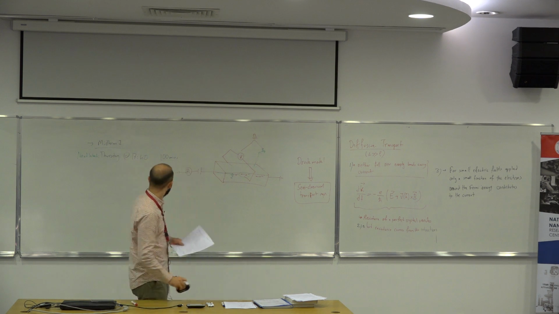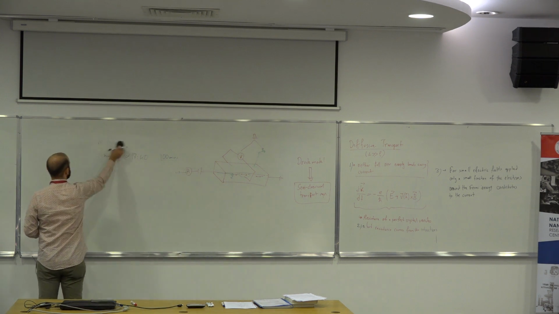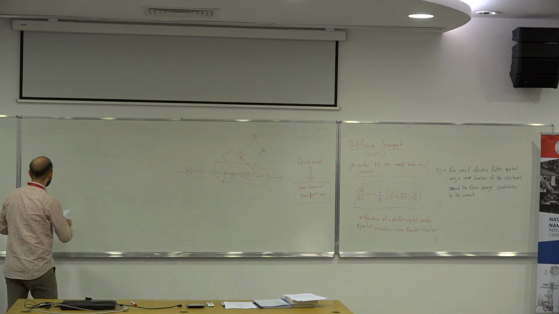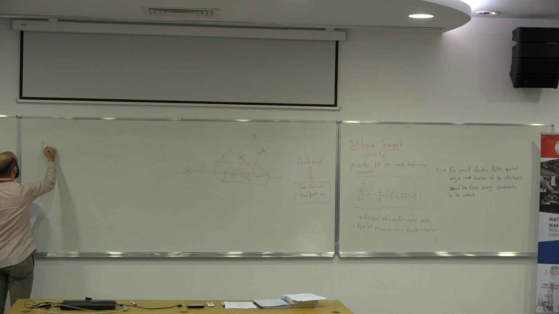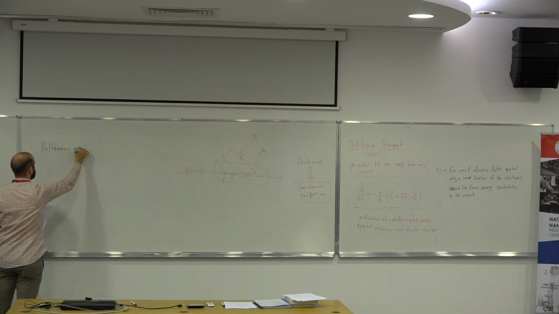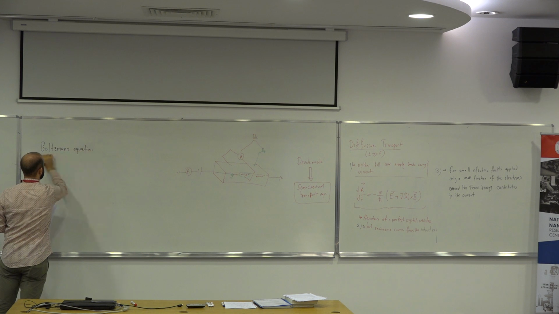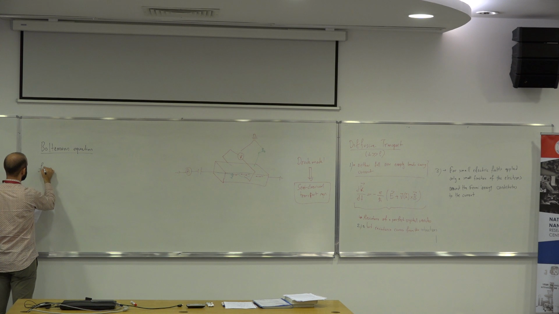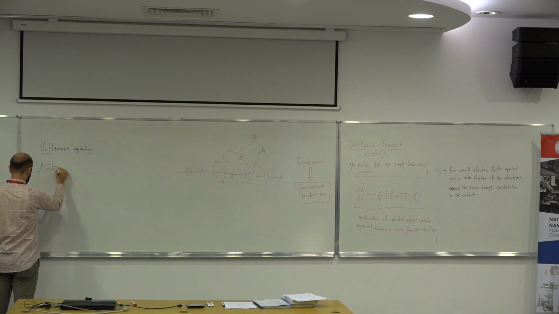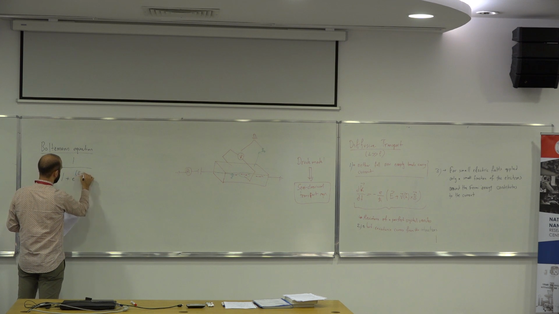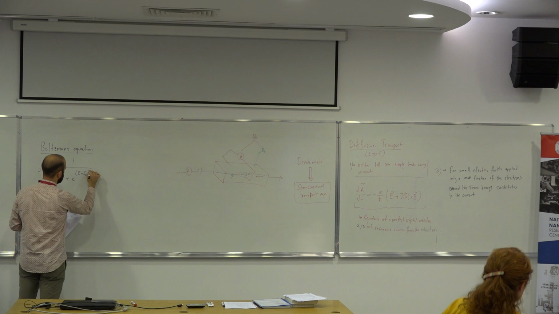So let me get rid of this. Now, I'm going to write down the Boltzmann equation. So, if you consider the Fermi-Dirac distribution, this is what we have, okay, divided by kBT.